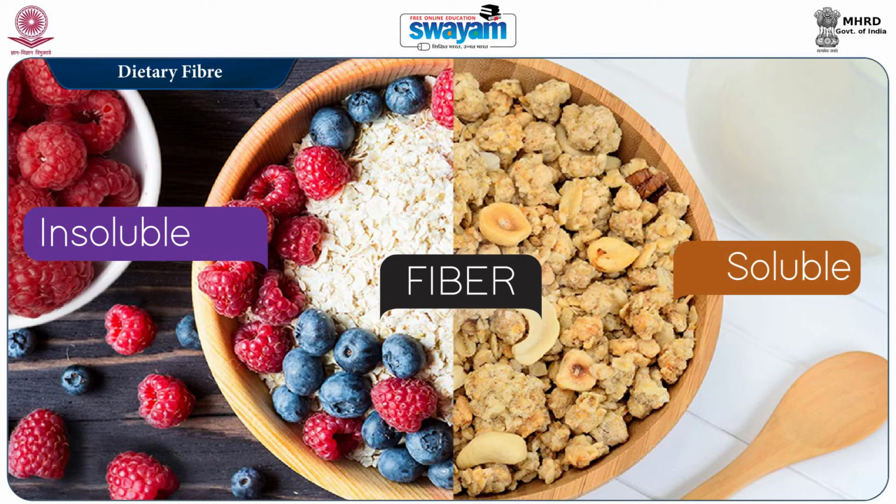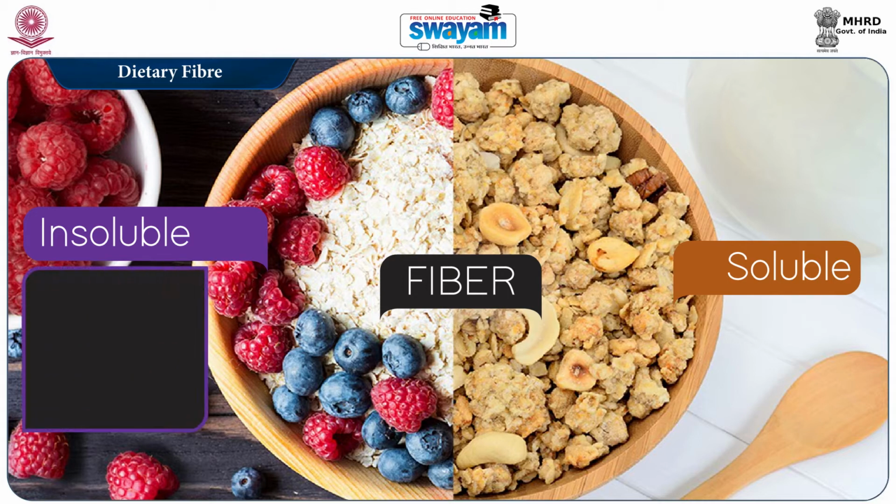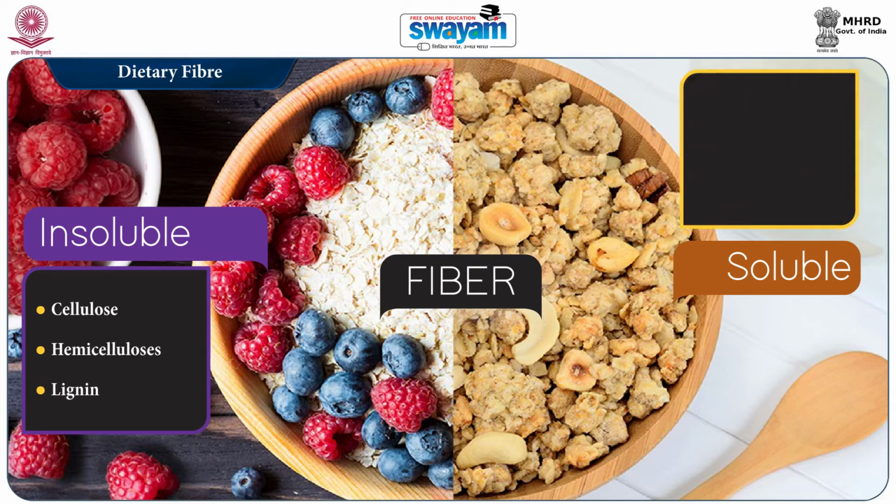Dietary fiber may also be classified as insoluble, which includes cellulose, hemicelluloses and lignin, and soluble, which includes pectins, gums and mucilages. Now, investigations have shown that the soluble viscous polysaccharides slow down the rate of absorption of nutrients from the small intestine, but not necessarily the total nutrient absorption.